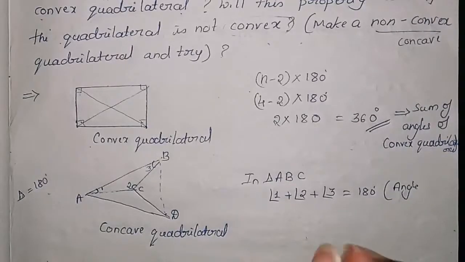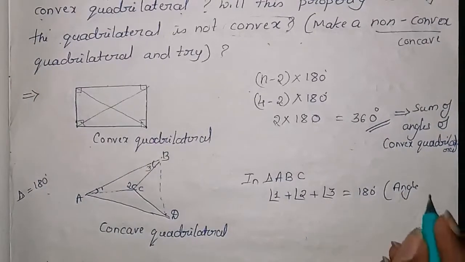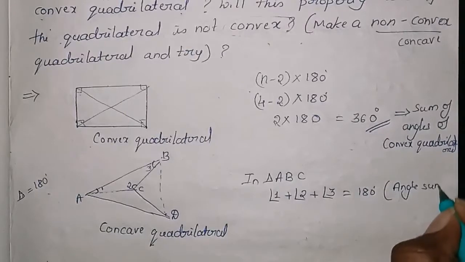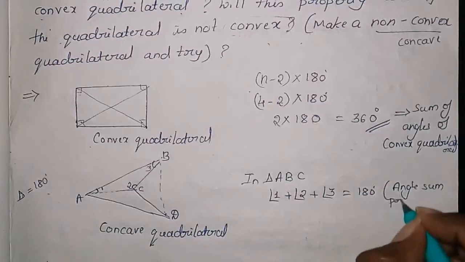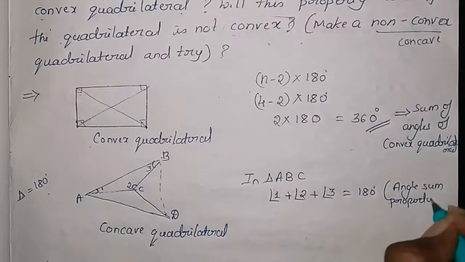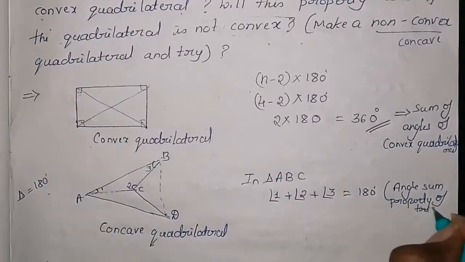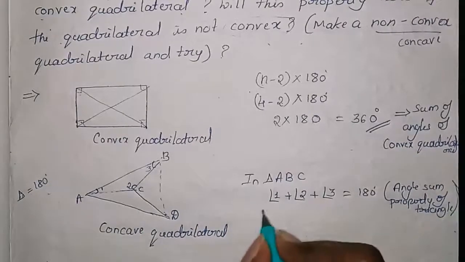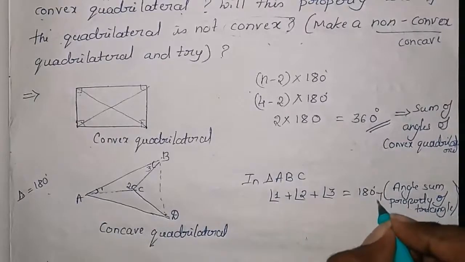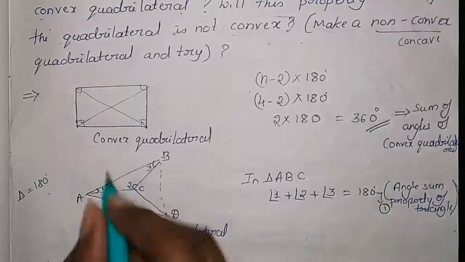In a triangle, the sum of the interior angles is equal to 180 degrees. So you have to give the reason: whatever you are solving, you have to give a reason. And this you consider as equation 1. So that is for one triangle.